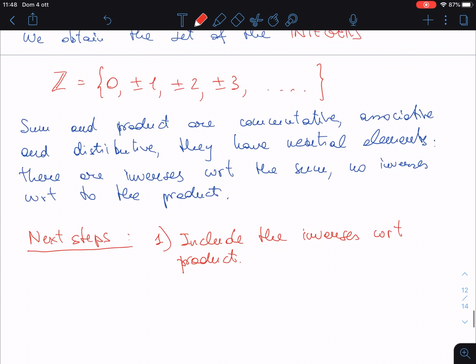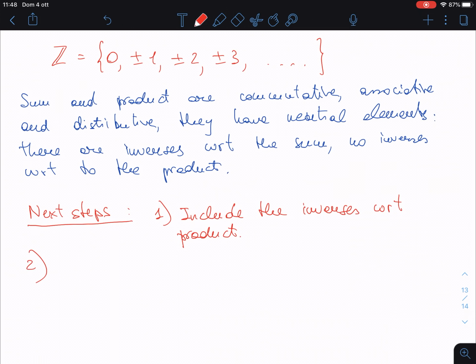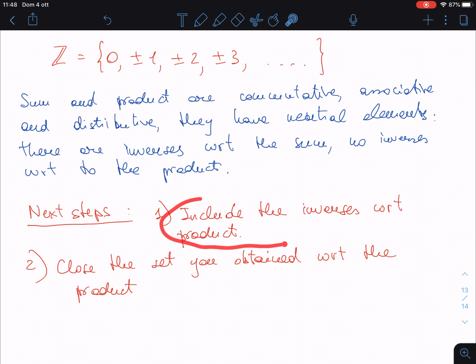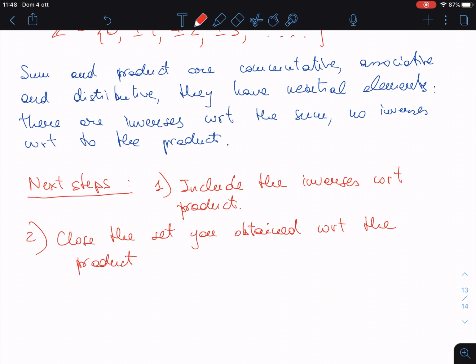First. Second, close the set you obtained with respect to the product. So this step is a bit more complicated than the one before, because in the step before, when you include the inverses with respect to the sum, then the set you obtain, which is Z, is closed with respect to the sum. You sum two integers and you obtain an integer. Here, the situation is quite different.